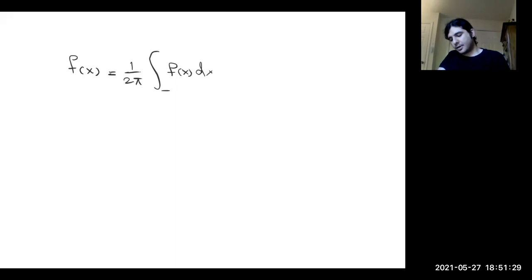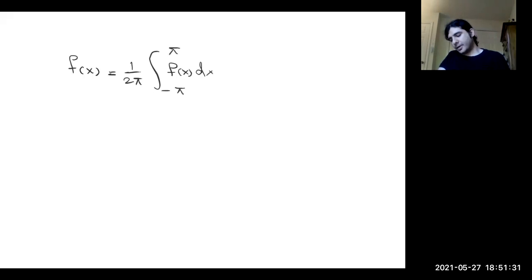So let's continue. Now that I have this, I know f of x is equal to a naught, which is 1 over 2 pi integral of f of x dx from minus pi to pi.